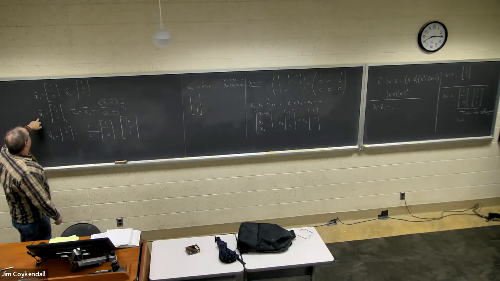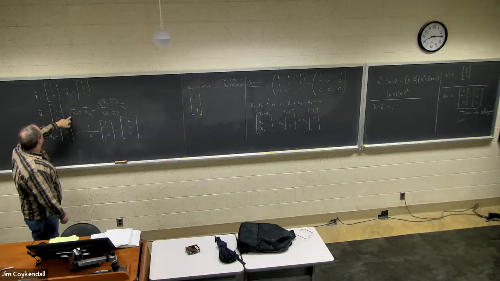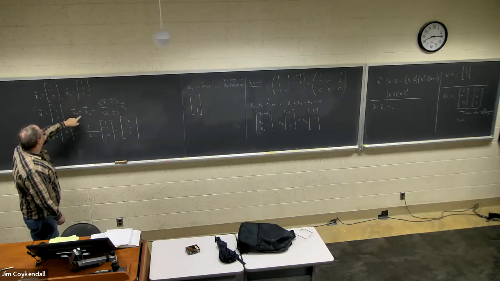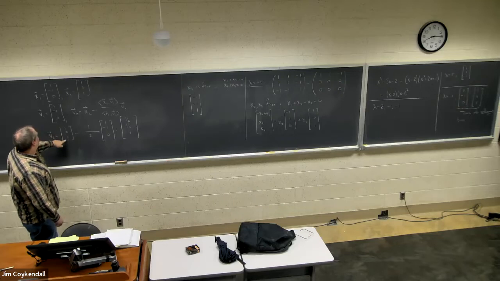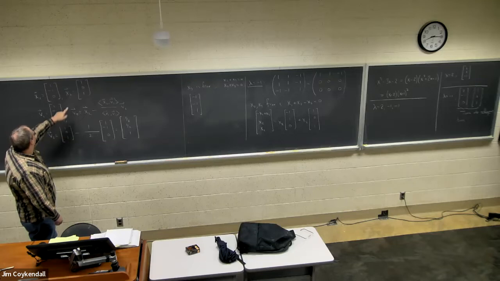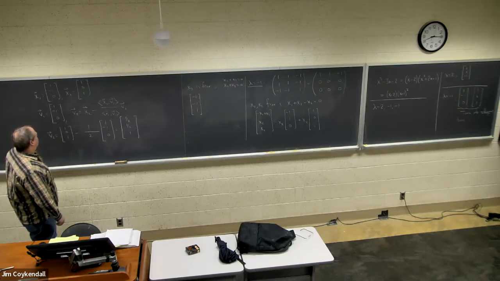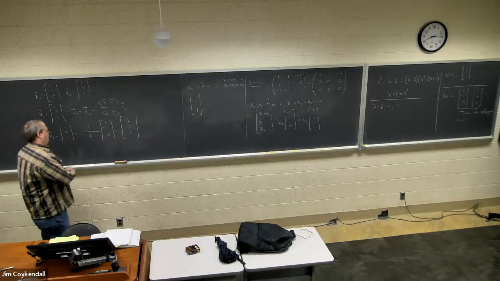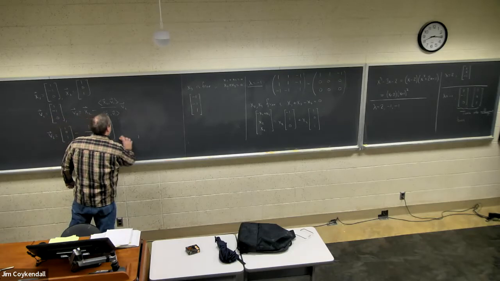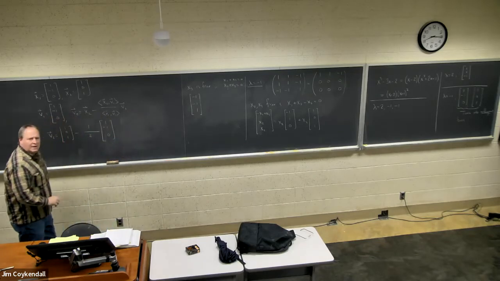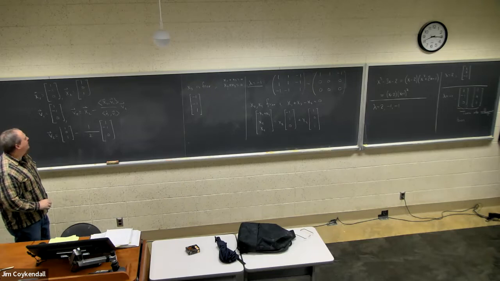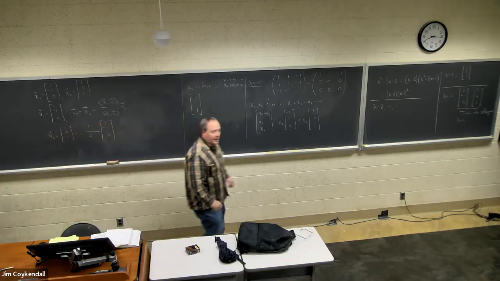So x1 is b1, x2 is this, and b2 is x2, (1, 0, 1), minus the inner product of x2 and b1, over a half, times b1. You might see a mistake. Oh, I'm sorry, Max, I can't hear you.